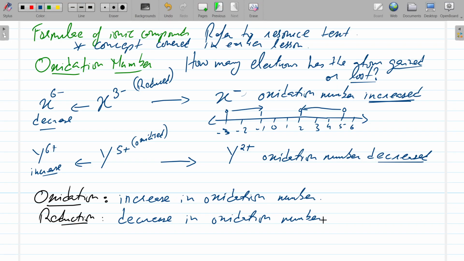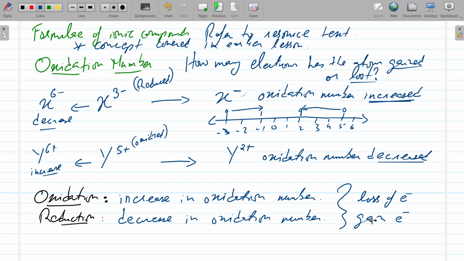Now, if you think about it, it's not different from loss of electrons and gain of electrons. Why? Because what's happening over here when it's going from -3 to just a single negative charge? I'm saying that this particular definition of oxidation and reduction is not different from what we had earlier, that oxidation is a loss of electrons and reduction is a gain of electrons.